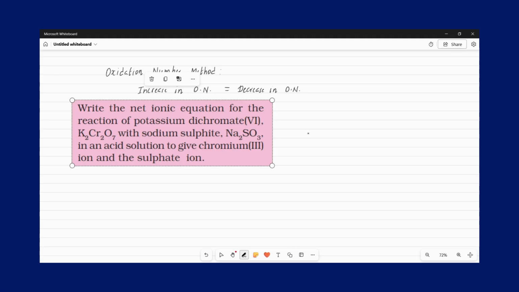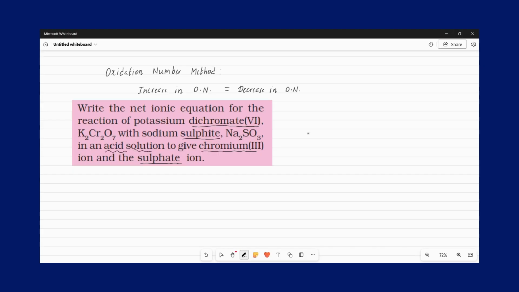All of them are important. So dichromate(VI) is going to oxidize sulfite into sulfate and you are going to get the chromium(III) ion, and the medium is acid.